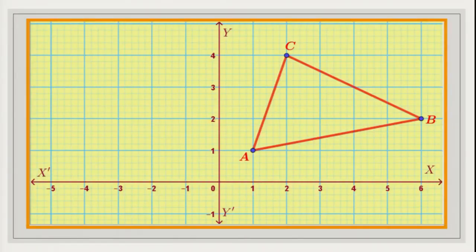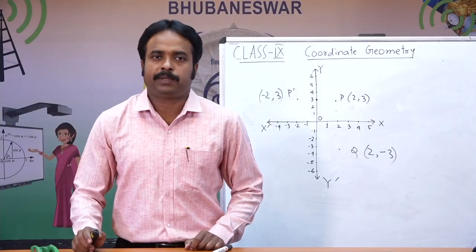We want to find the image of this figure with respect to the y-axis first. To get the reflected image, we first have to find the reflection of all three vertices with respect to the y-axis. That means we need the coordinates of the points A, B, C.